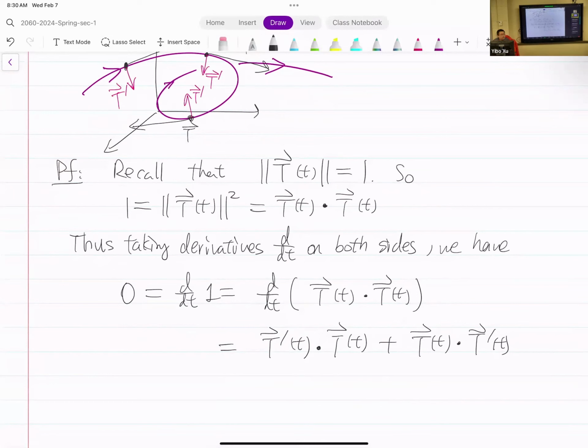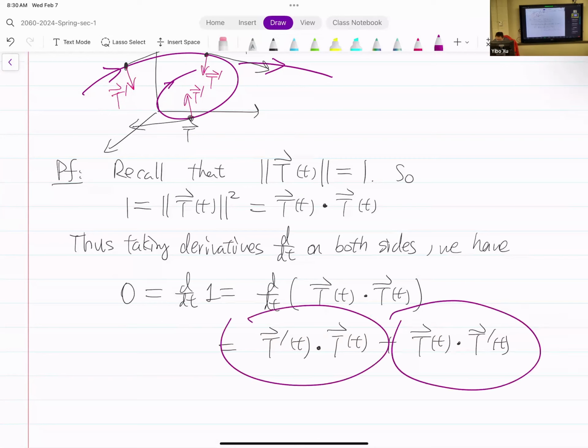So that's good. Now we're getting to the punchline, right? We also notice that the dot product is commutative, so you see these two are essentially identical. T dot T prime equals T prime dot T.